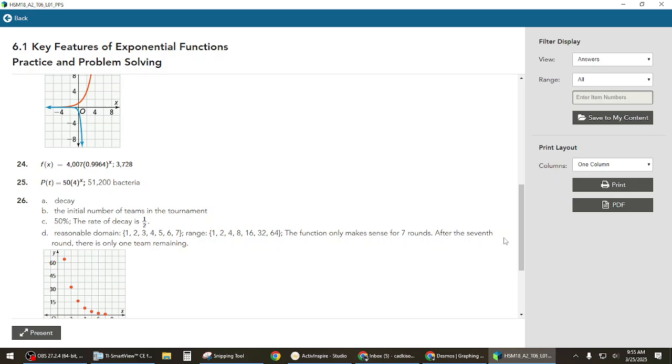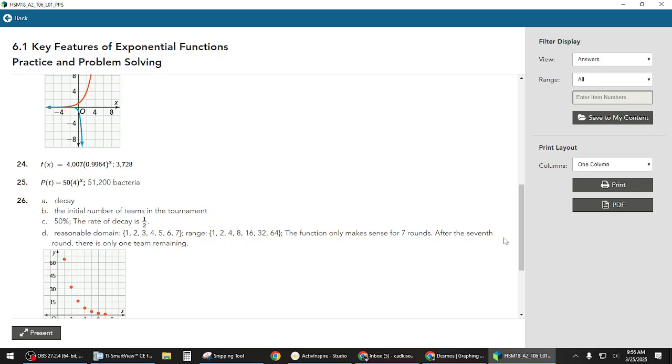Here's your function rule. 4,007 times 0.9964 to the x. Basically what we just did in our warm-up. Plug in the start value, 1 minus the rate to get your decay factor of 0.9964. And then when you plug that in, you get 3,728 as a result.